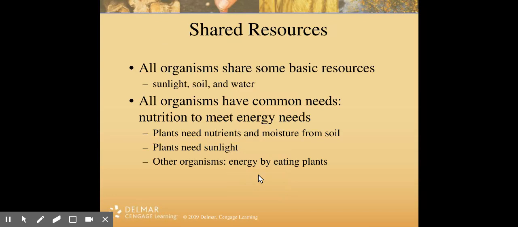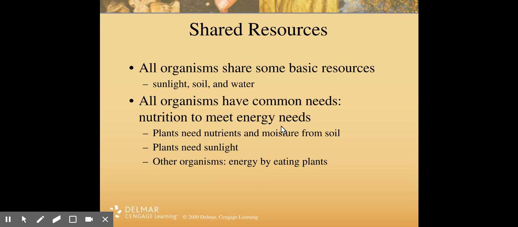Shared resources. They use the term all pretty loosely here. Yes, the majority of all organisms share a lot of the same resources, but there are some organisms that don't live in sunlight, so we can't say all. There are some organisms that don't live in soil, but for the most part, the majority of all organisms share the sun and the soil and the water, the air, things like that.